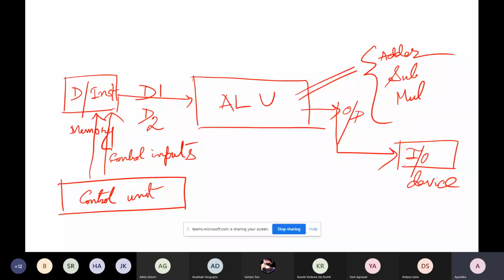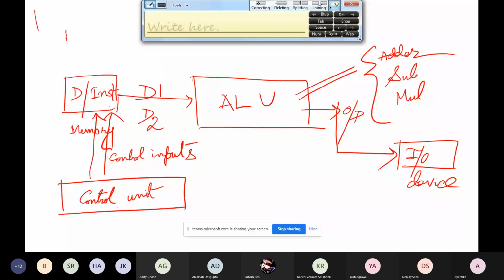In some cases, this data and instruction memory, like the way I have drawn, are fused. And in some cases we have them separate. One is data memory and one is instruction memory.